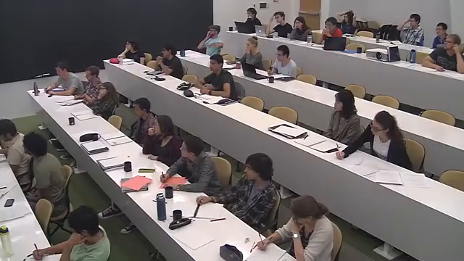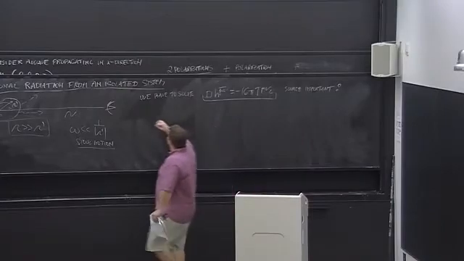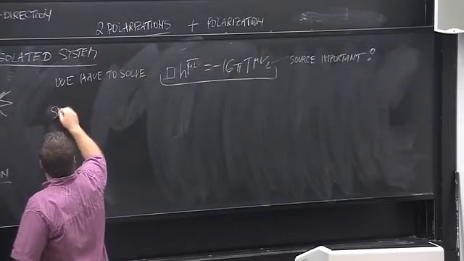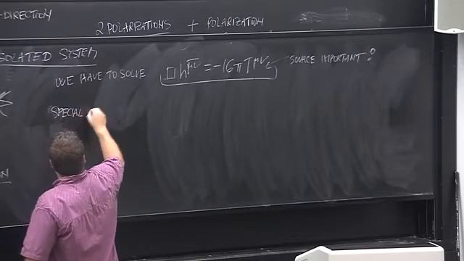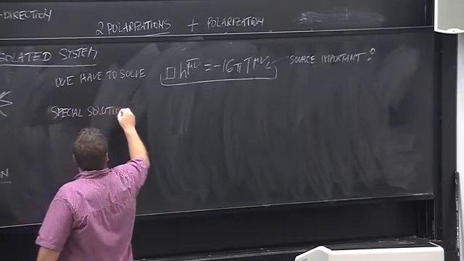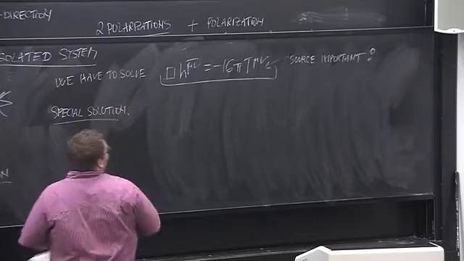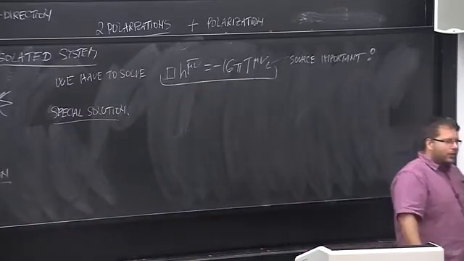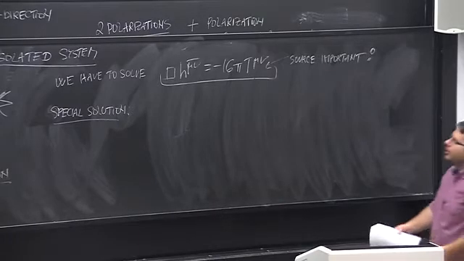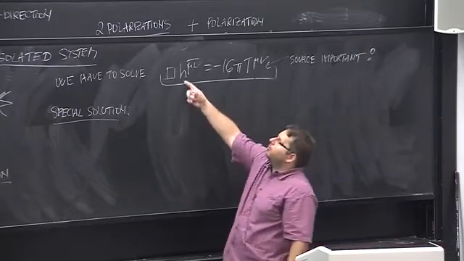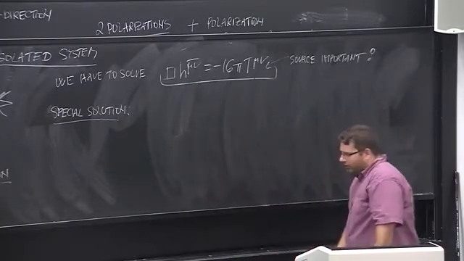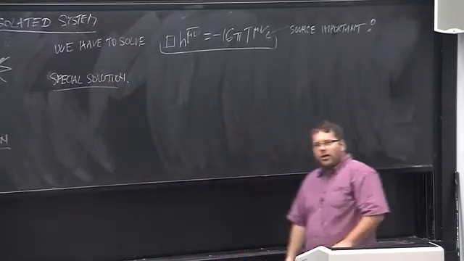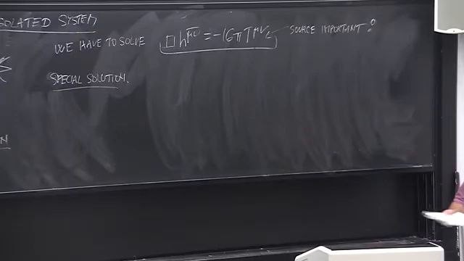So the special solution is given by the Green function, where I take the delta source on the right-hand side. But we already did the work. It's exactly the same equation. This is just the wave operator. And so you know that the solution is advanced and retarded potentials, and you disregard advanced potentials based on physics.